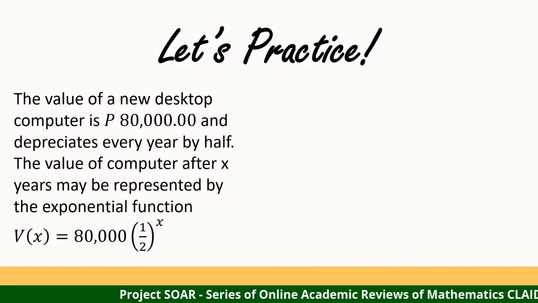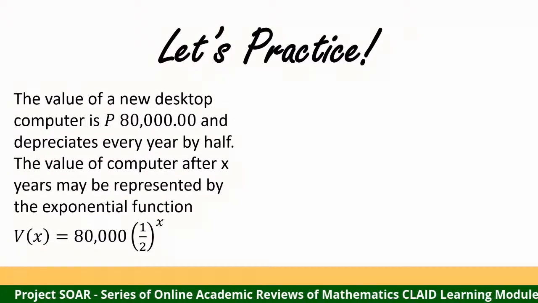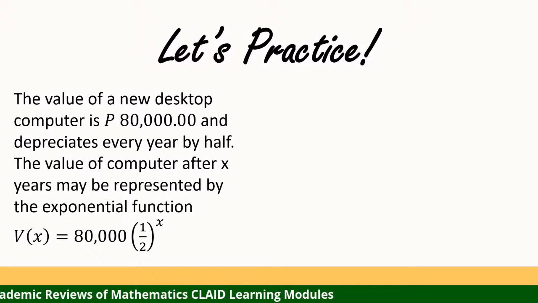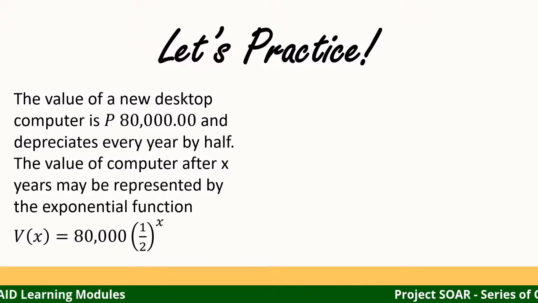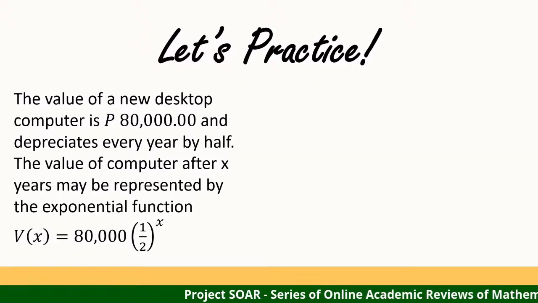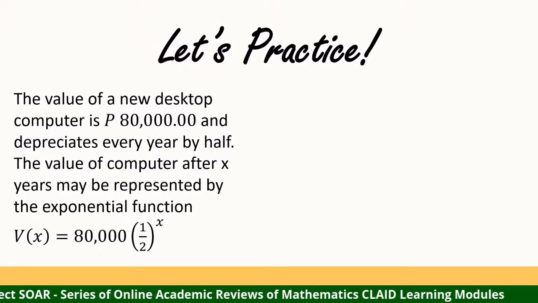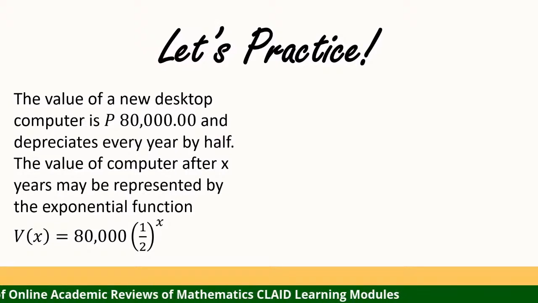The value of a new desktop computer is 80,000 pesos and depreciates every year by half. The value of computer after X years may be represented by the exponential function b of x is equal to 80,000 times 1 over 2 raised to x.